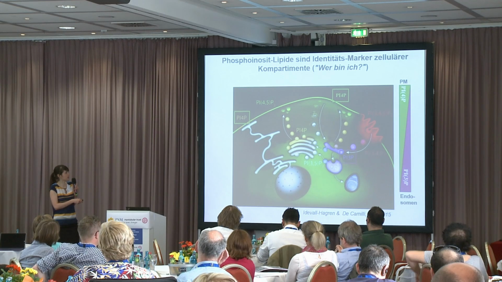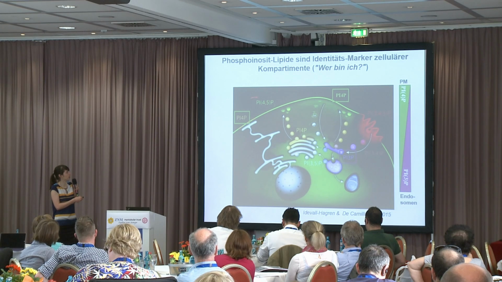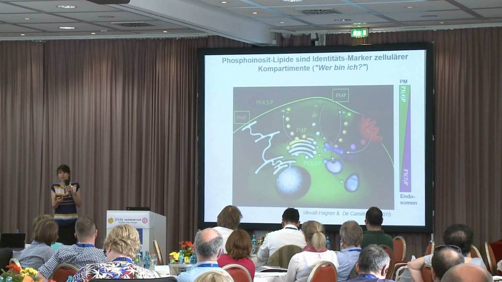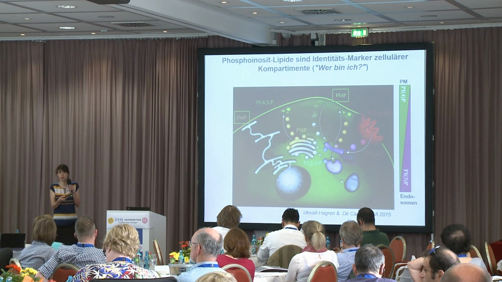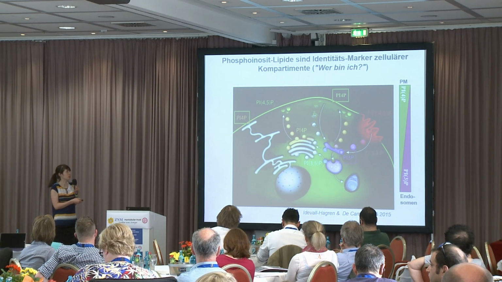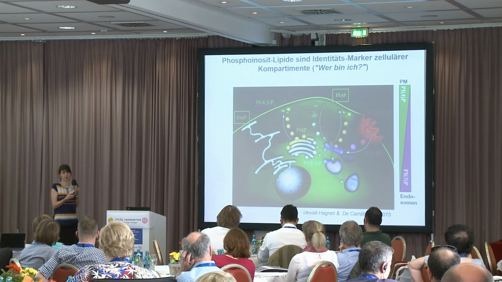If you look at a cell, this is another picture. These intracellular compartments are seen here and are colored differently. They all have a different code, so every compartment has a different identity defined by its lipids. If you want to work with this cell, you have to change the code of the cell.